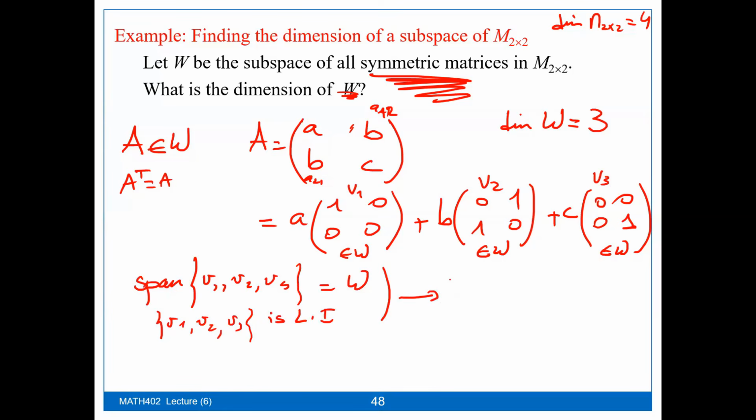So this set is the base of W, and the dimension of W is 3. So the set of symmetric matrices of order 2 is a vector space of dimension 3, whereas the set of all square matrices of order 2 is a vector space of dimension 4.